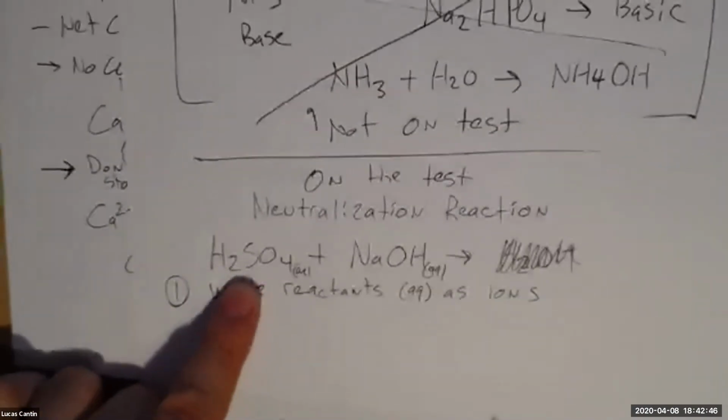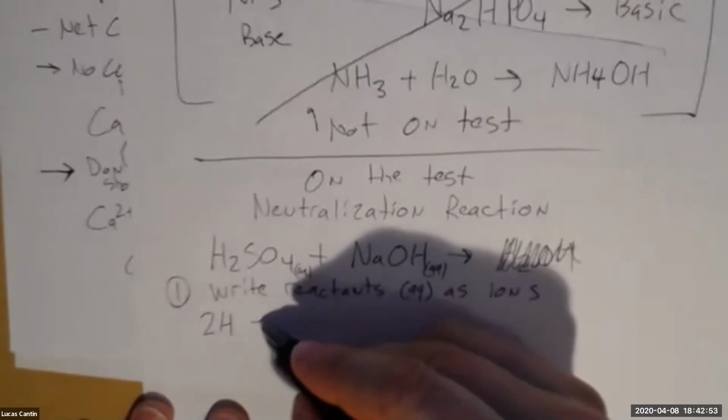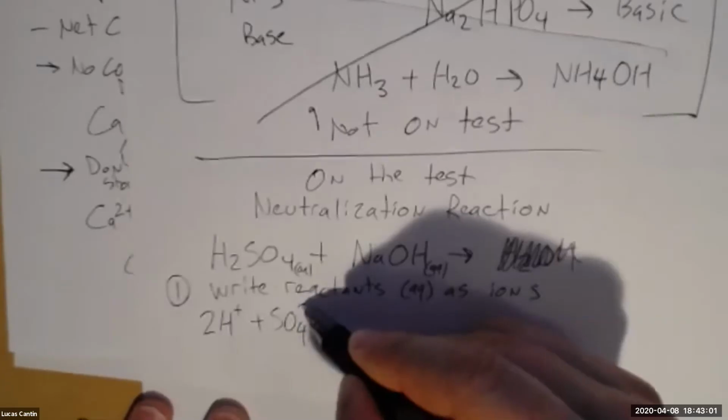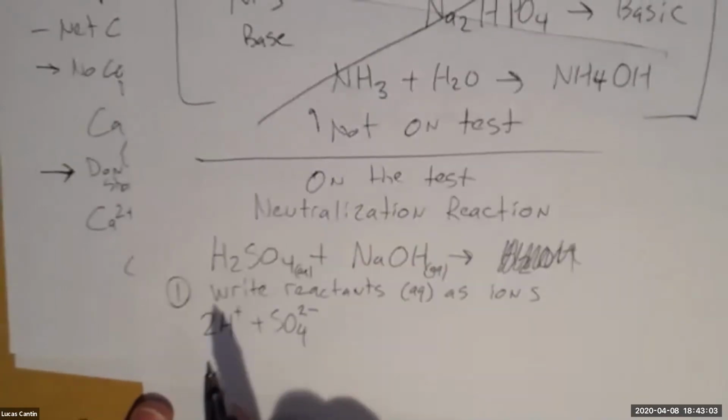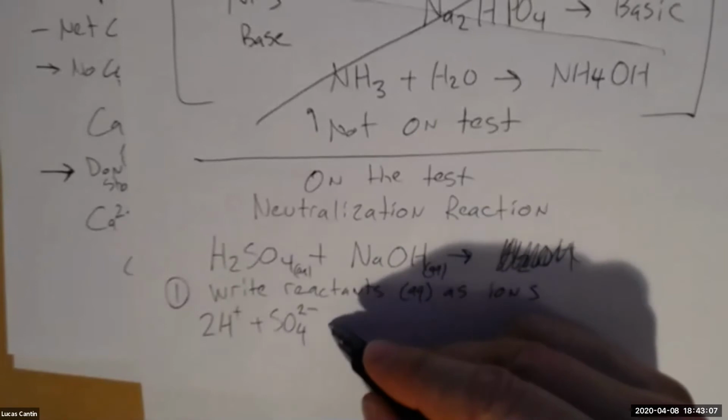What are the ions here? You have 2 hydrogens. Good. Two hydrogen ions and 1 sulfate. What are the charges? Positive 1 for hydrogen. Good. And then the sulfate has to be 2 minus, because if I have 2 plus 1s, they have to equal 0. But this one's probably easier.